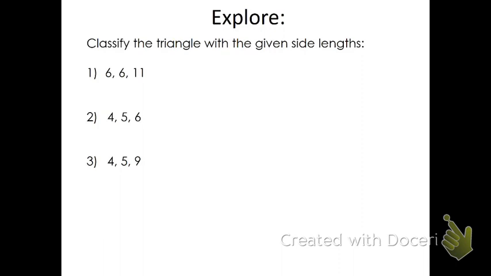And so here's some practice questions. It says, classify the triangle with the given side lengths. So let's work this out. We're going to do a squared plus b squared, and see if that's equal to c squared. For this first problem, we're going to use our two shorter sides, a squared plus b squared, and we don't know if it's equal, so I'm going to put a little question mark over it. We're going to see how that compares to 11 squared. What we have is 36 plus 36, and how does that compare to 121?